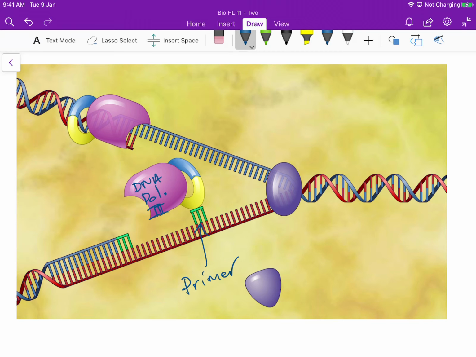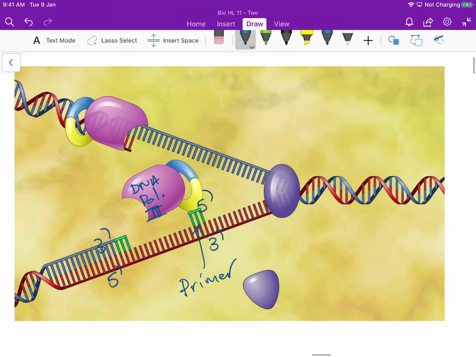So polymerase 3 is going to bind, and if it's adding 5' to 3', this is the 3' end, which means the other strand is 3' to 5'. So it's going to add, but you can see it can only add a bit, because then it's going to reach a point where either it was an already done section, or if it's the very starting bit, it can't keep going because the DNA is not unwound.